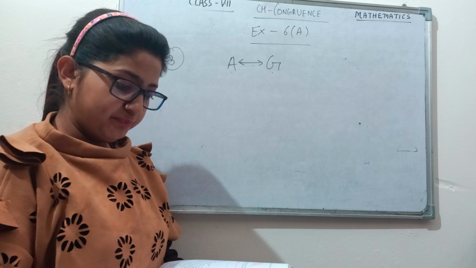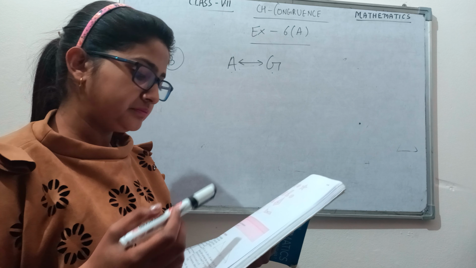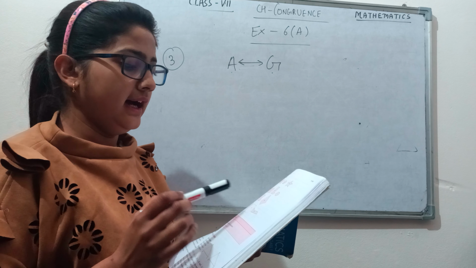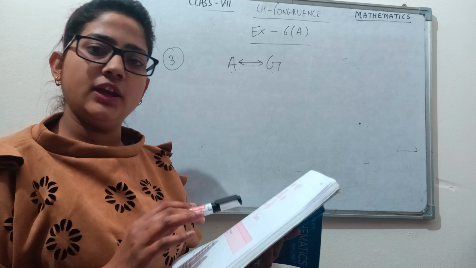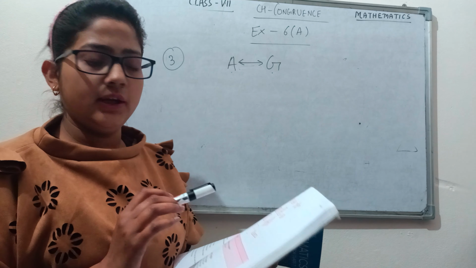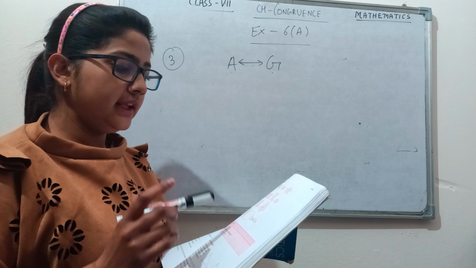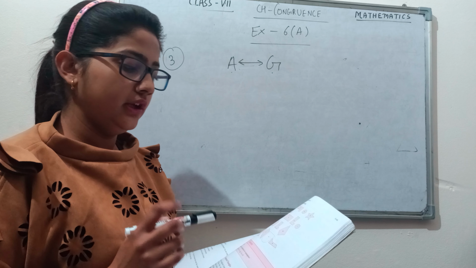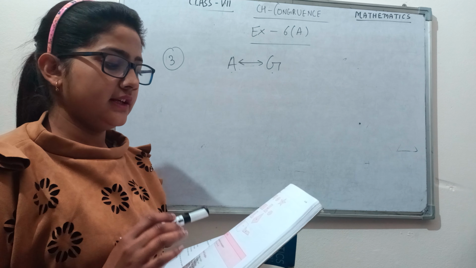Next, another one, you can see which ones are congruent. O and R, these two are of the same size and same shape, so these two are also congruent. Next, D and I are also congruent. They have the same shape and same size. These two are circles.